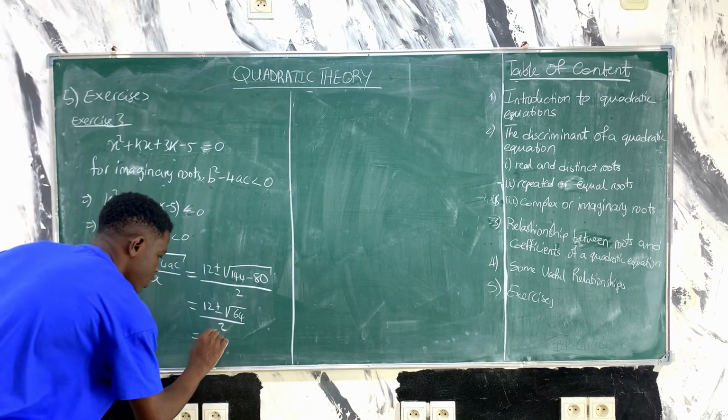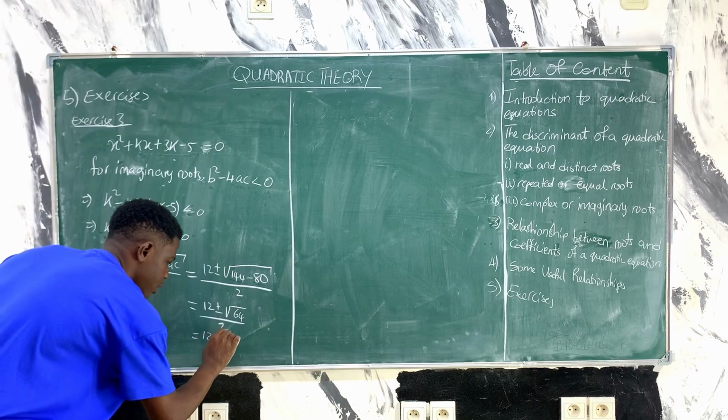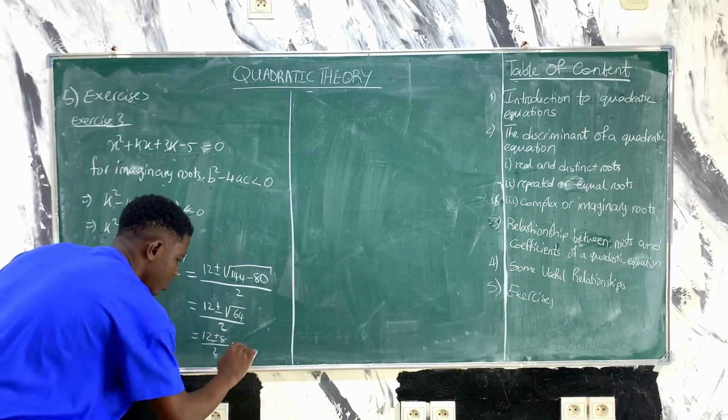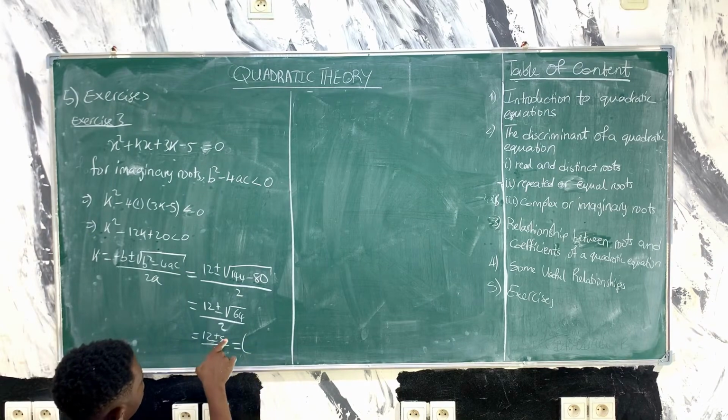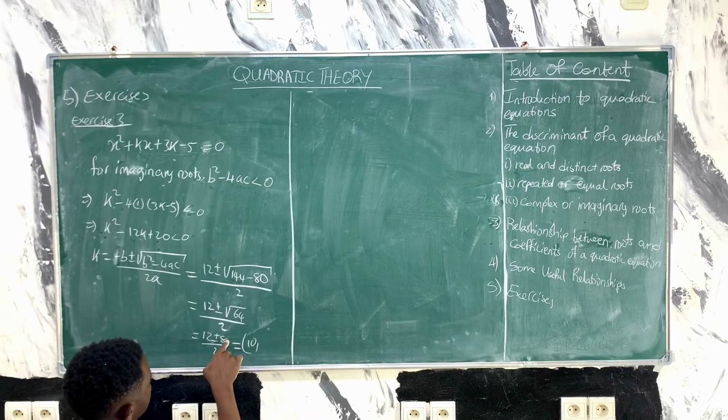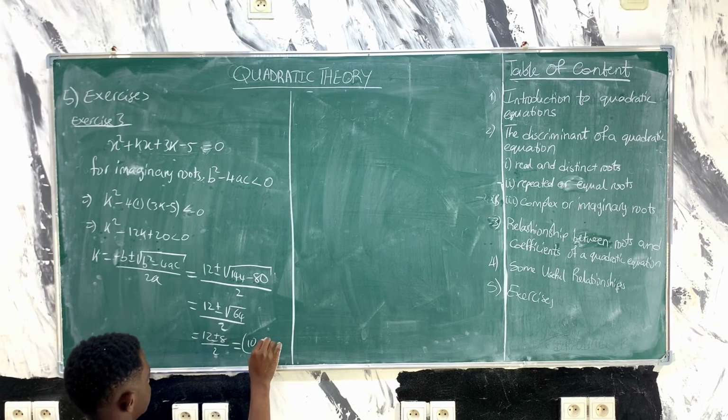So the square root of 64 is 8, on 2. The two values are going to be 12 plus 8, 20 divided by 2, 10. Then 12 minus 8, 4, divided by 2 is 2.